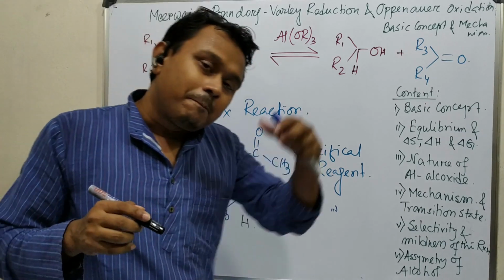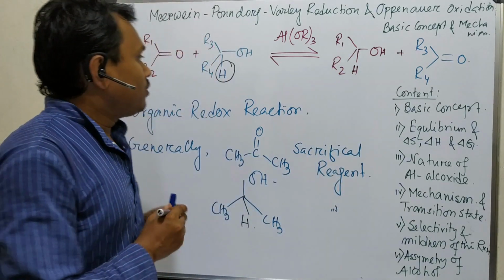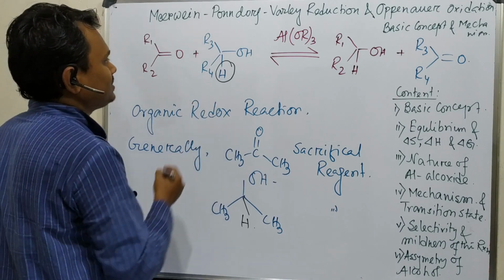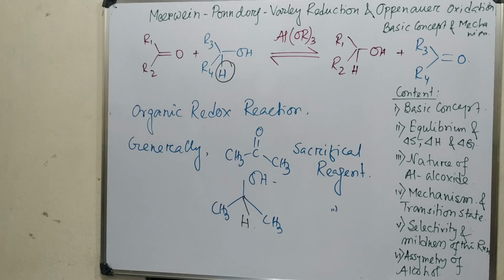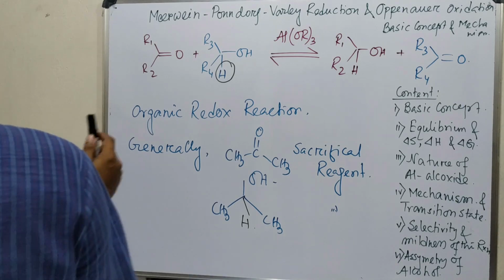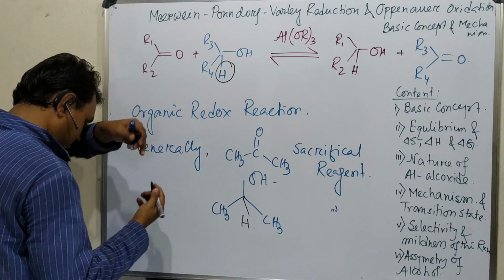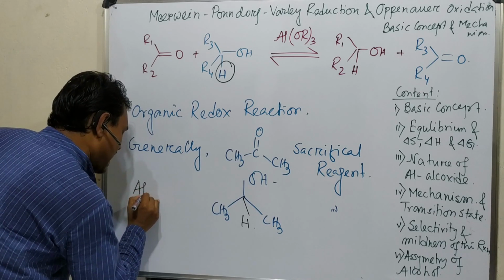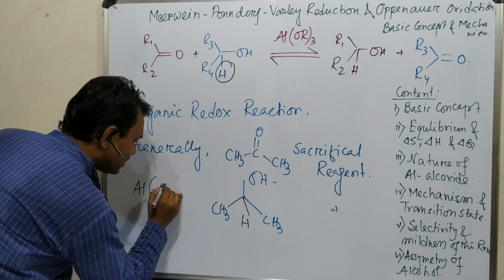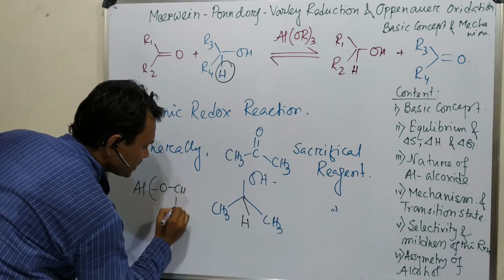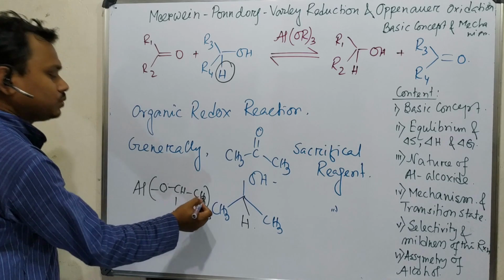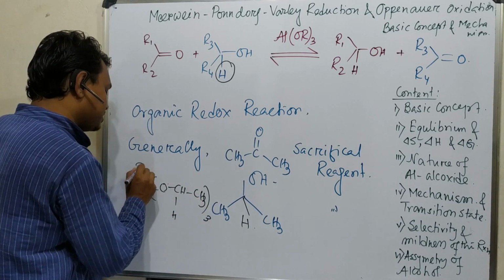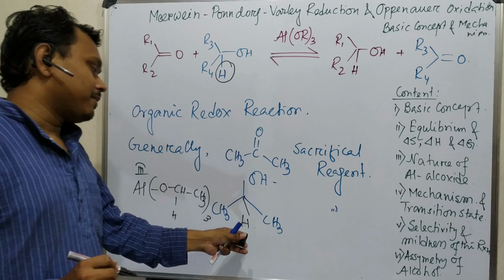But if you think about the background of when this reaction was first done, what was used at that time? Alkoxide was used, meaning aluminium ethoxide. Previously, the aluminium reagent used was aluminium ethoxide, but now it is aluminium triisopropoxide. Why are we talking about this secondary alkoxide?